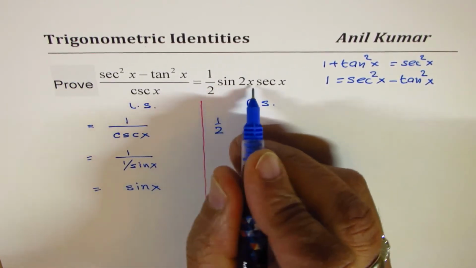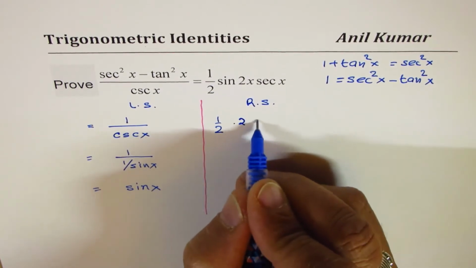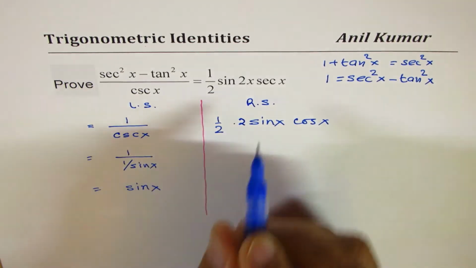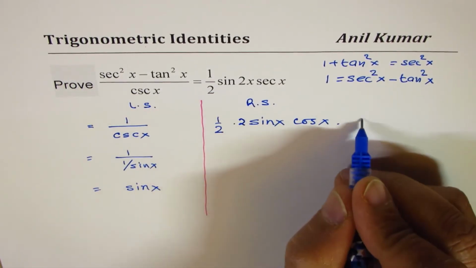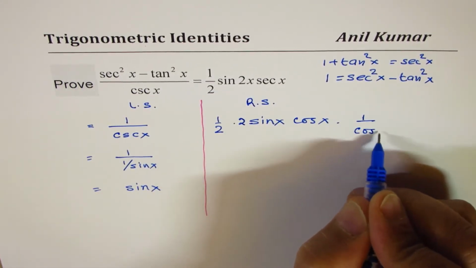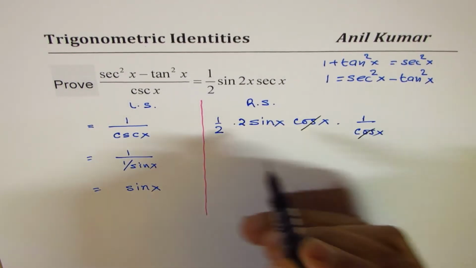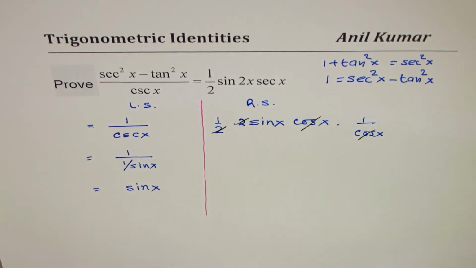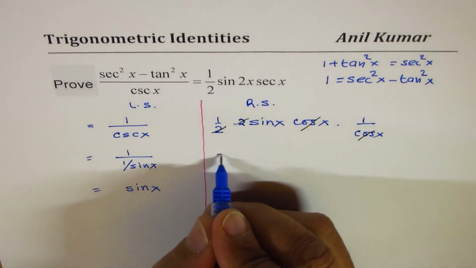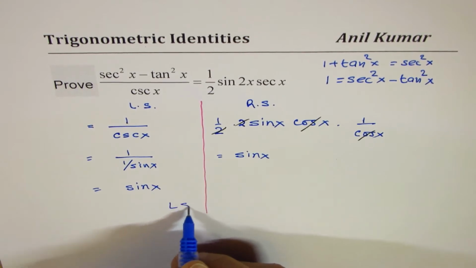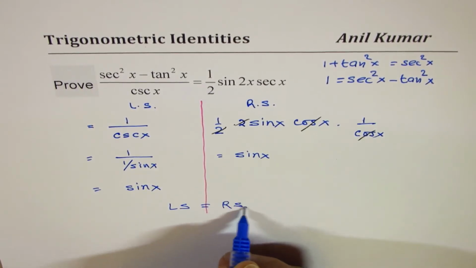Now sine 2x could be written as 2 times sine x cos x. Perfect. And secant x is 1 over cos x. Cos x gets cancelled, 2 gets cancelled, and what remains is sine x. So you know left side is equal to right side.